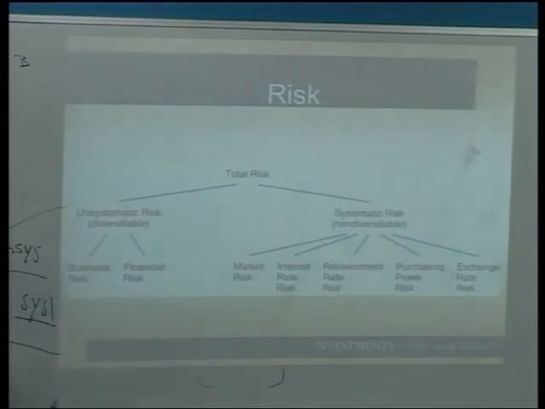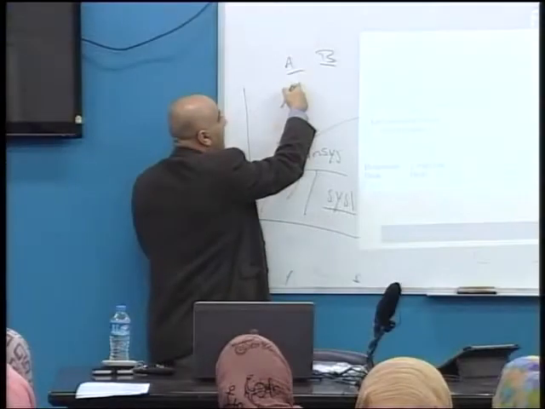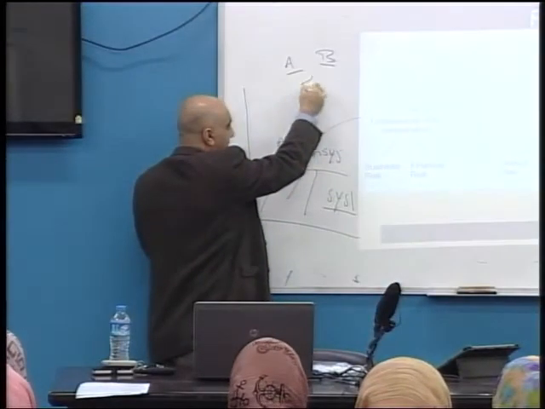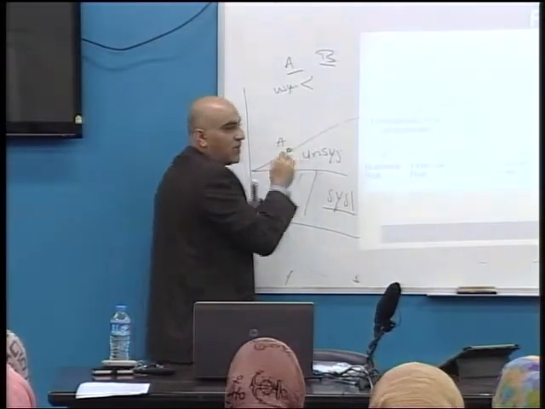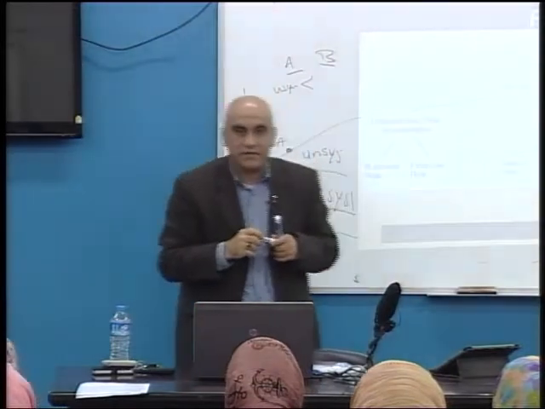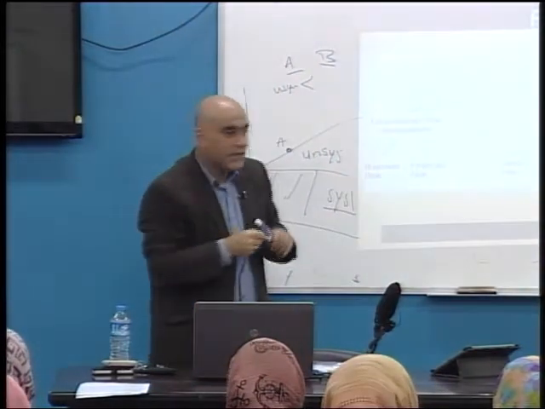So if we have company A and company B, if company A has less unsystematic risk, it means we ask for a lower rate of return. Okay?